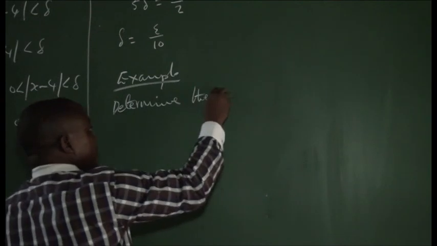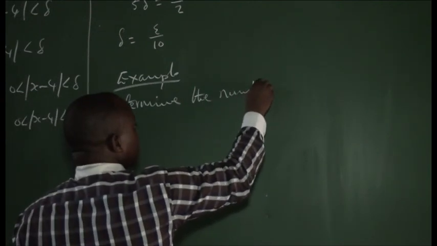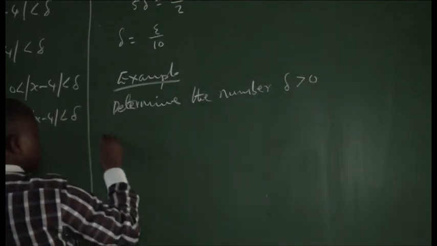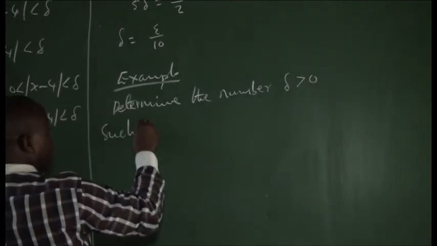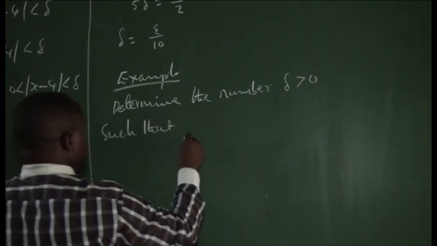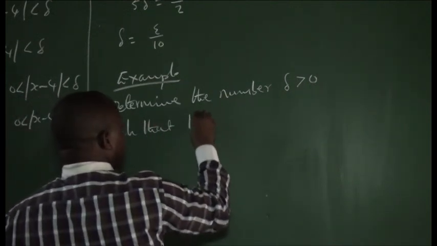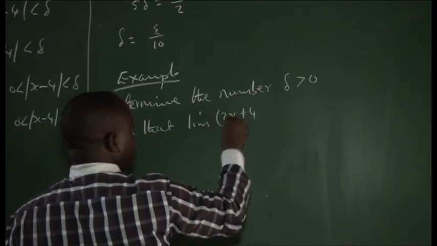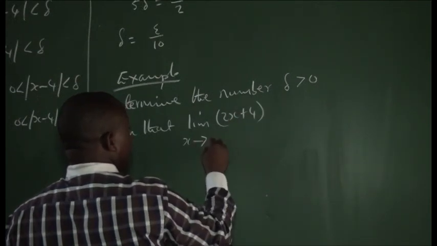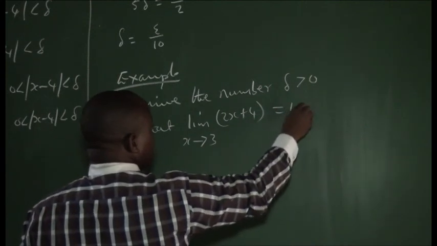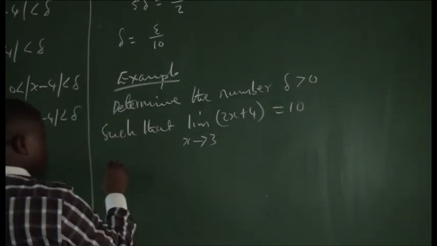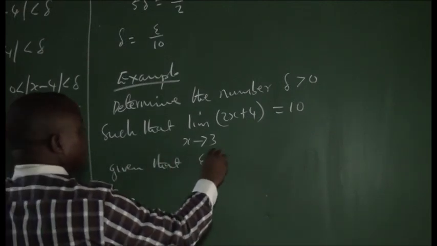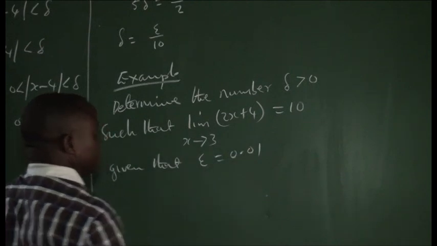Determine the number delta greater than 0 such that the limit of 2x plus 4 as x approaches 3 equals 10, given that epsilon equals 0.01.